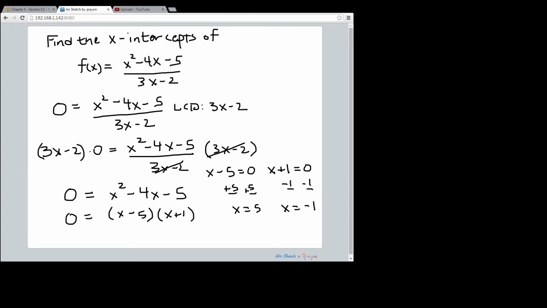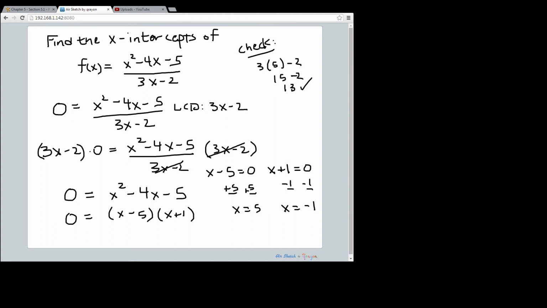So how I would do the check is just take the solution and plug it back into x, into the LCD. So if I do that with 5, I get 3 times 5 minus 2. 15 minus 2 is 13. So that one's okay. So 5 is an okay solution.